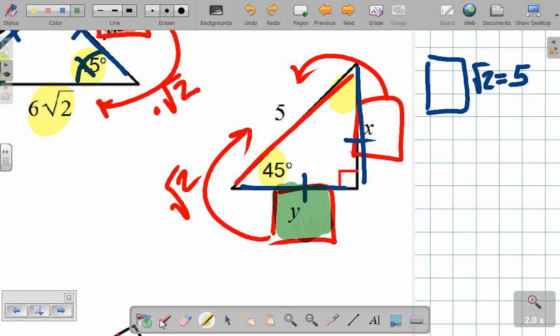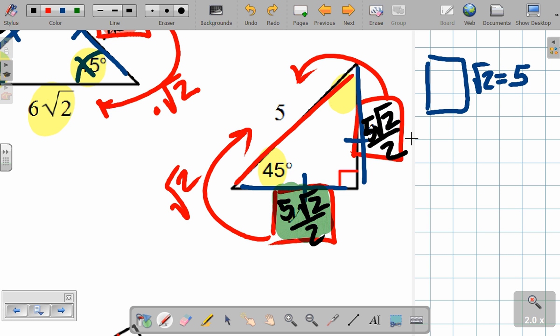All righty, guys. I'm going to give you the answer. I can tell right now more than half of you do not have this answer. So those of you who do, turn around and explain to those who don't. The correct answer here is 5 root 2 over 2. At least half of you did not have that.